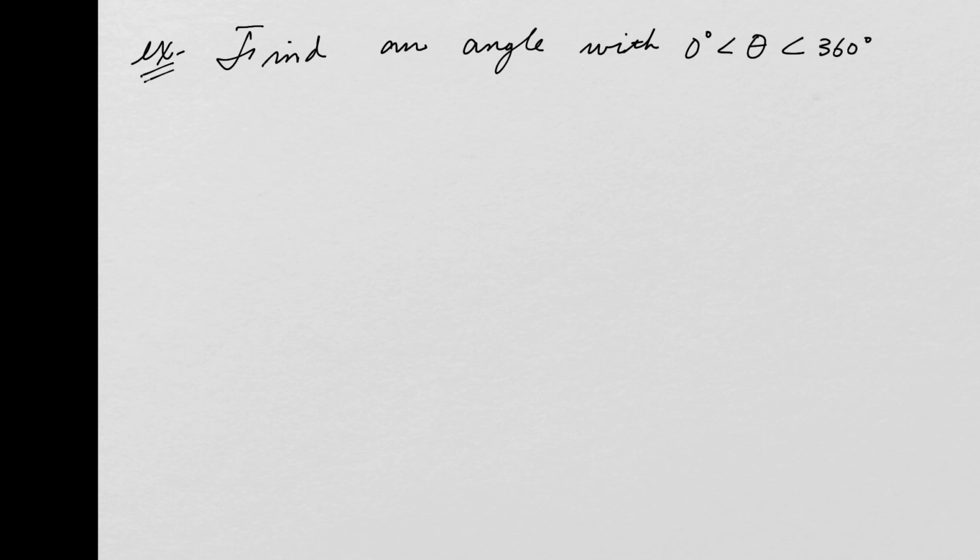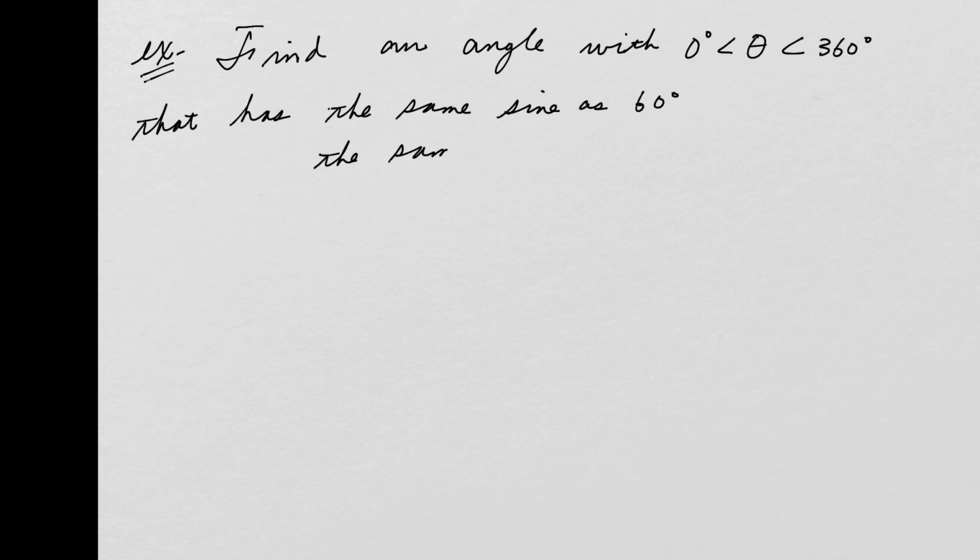Find an angle, and I want that angle to be between 0 degrees, so greater than 0, less than 360, that has the same sine as 60 degrees and the same cosine as 60 degrees.